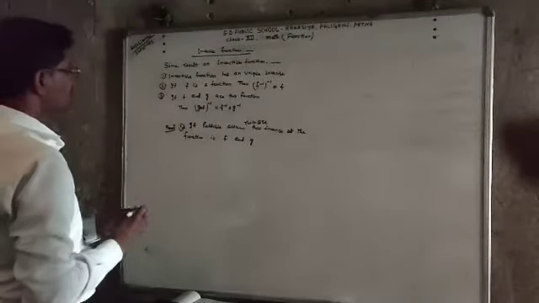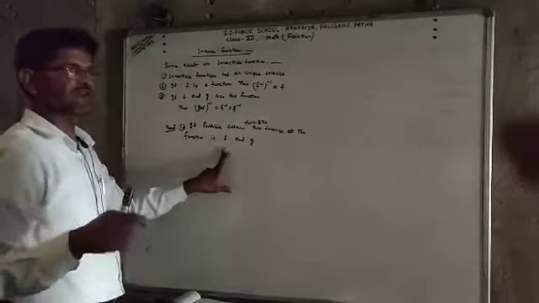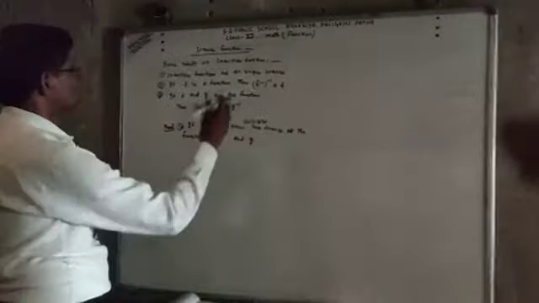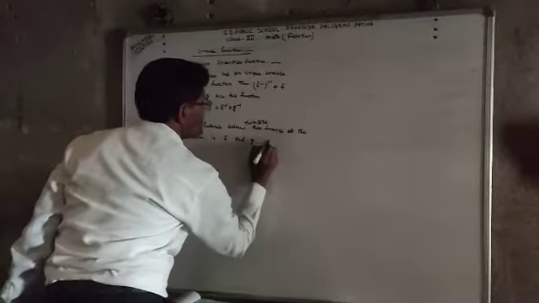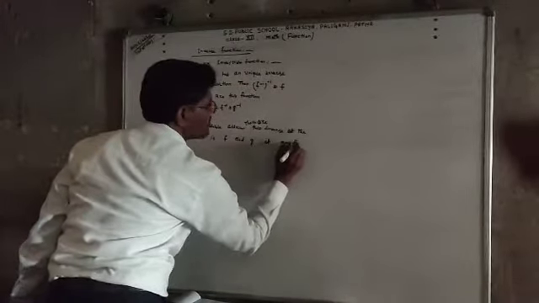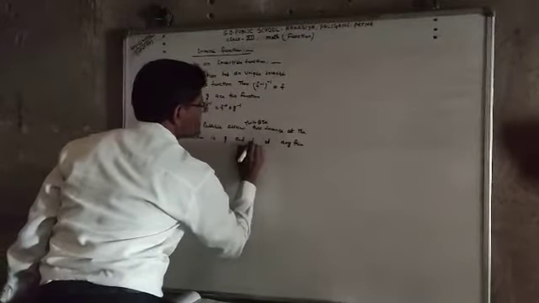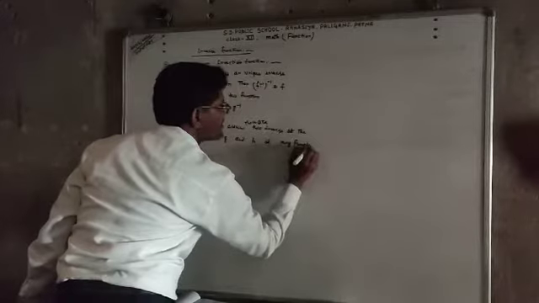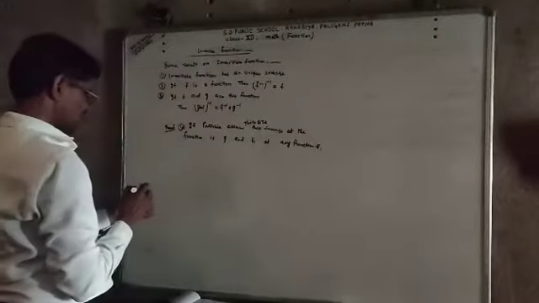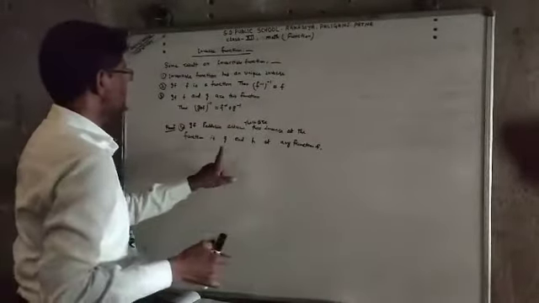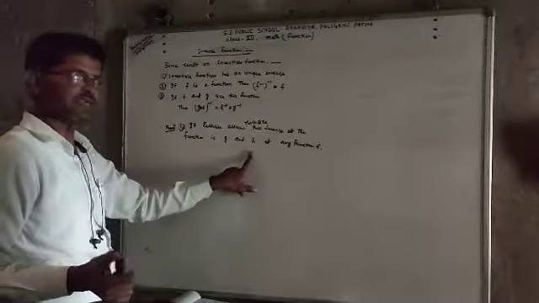Suppose that any function f has two inverses. The first inverse is g and the second inverse is h. Means f has two inverses, first g and second h.